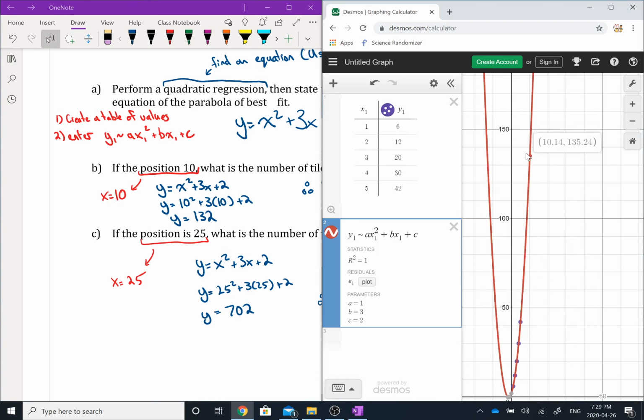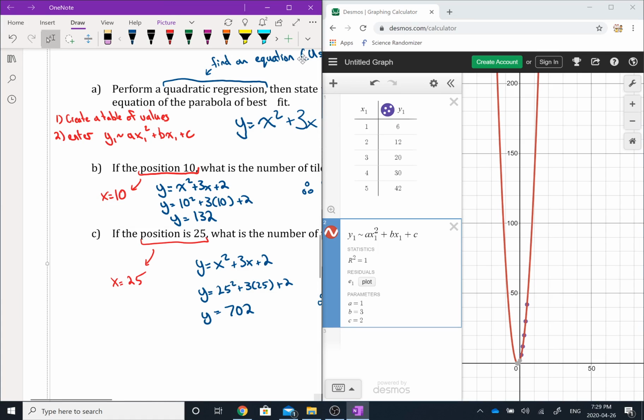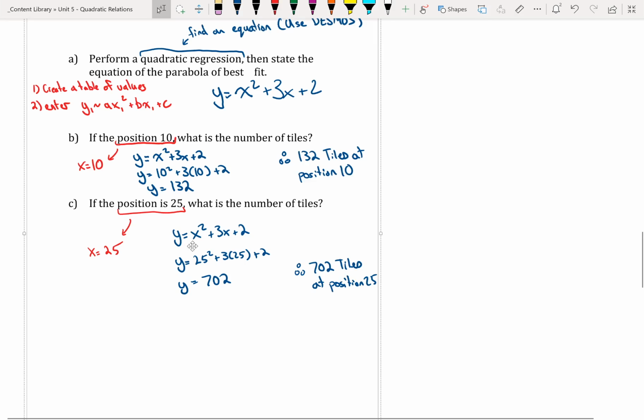So if we keep going, for 10 we can see it's 132, and you could do the same thing for 25, but even that is a little bit more difficult. So sometimes it's just easier to get an equation and then substitute a number in to solve for it. But again, the main idea of this is just being able to understand how to use the equations to find information, and if you're looking at a graph, can you find key information from that?